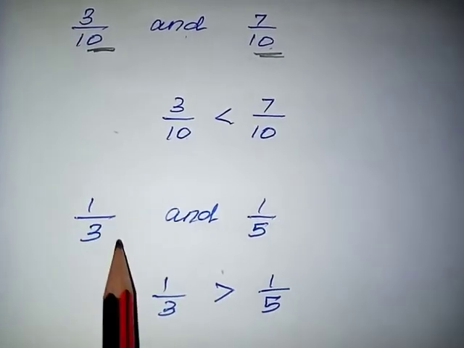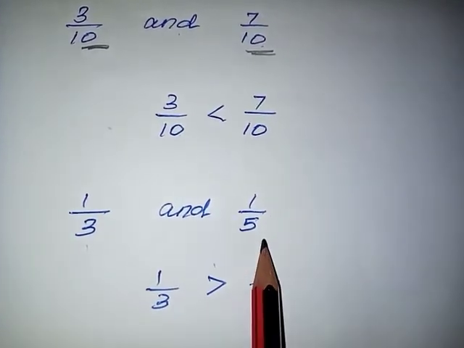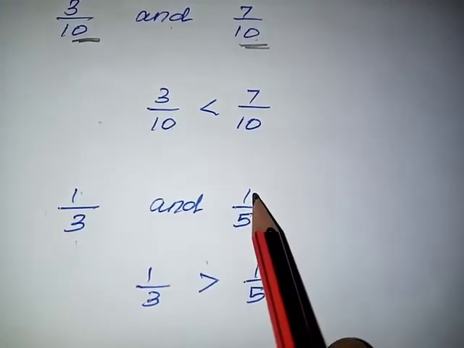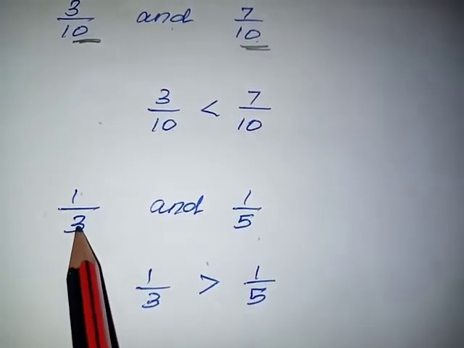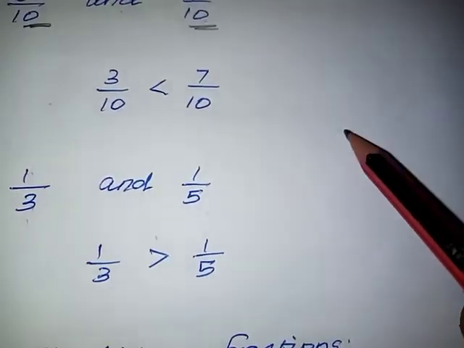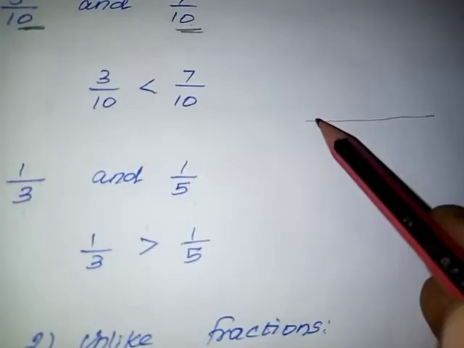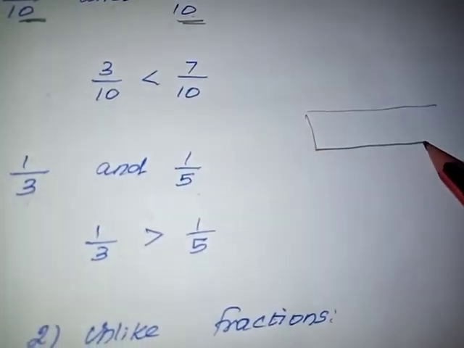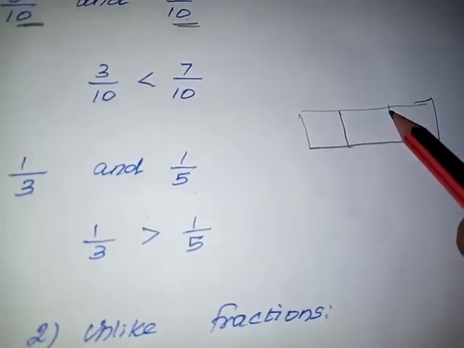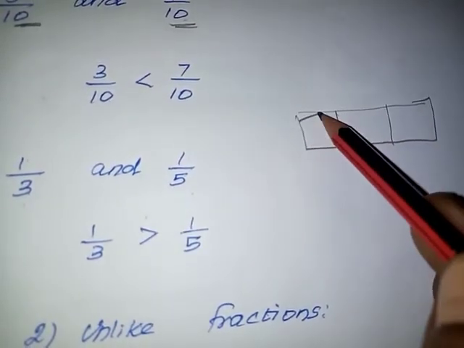Consider 1 by 3 and 1 by 5. In this set of two fractions the numerator is the same. So we have to compare the denominators 3 and 5. So we represent this as a picture diagram. 1 by 3: the whole is divided into 3 parts, so we can take 1.